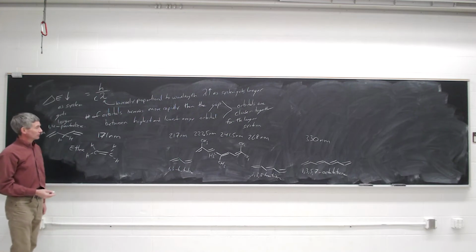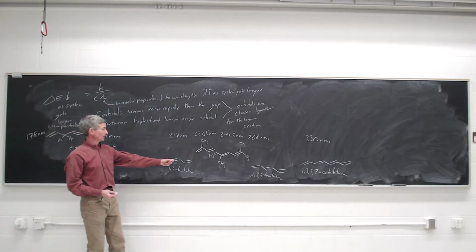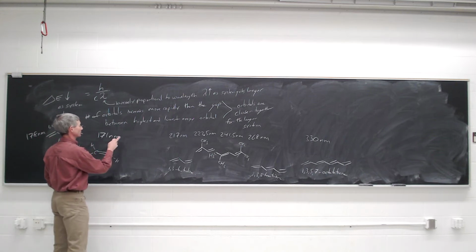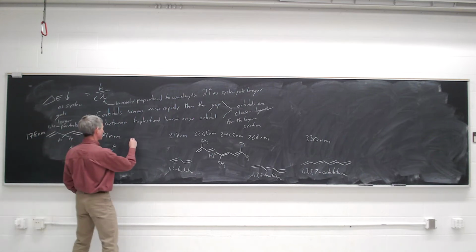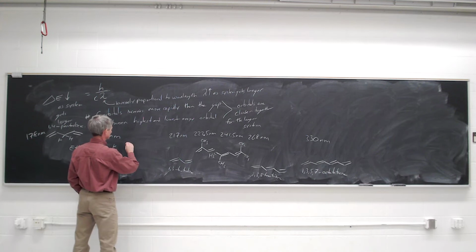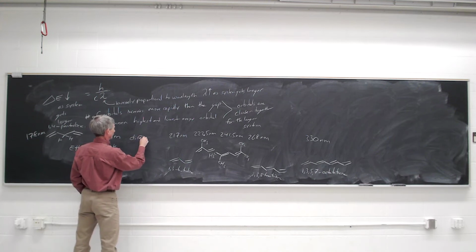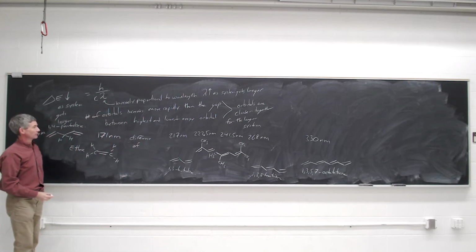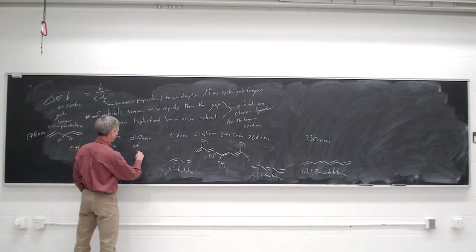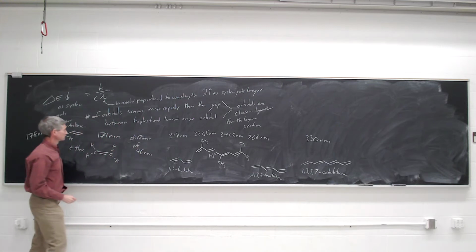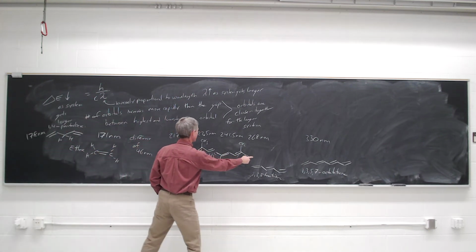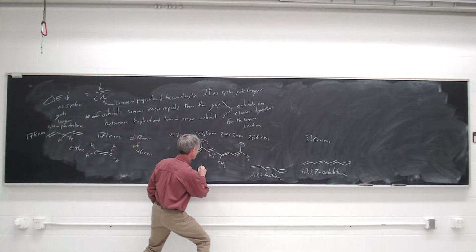So what you'll notice is that extending the conjugation by an additional double bond seems to raise it by somewhere between 40 and 50. In this case, the difference between 171 and 217 is about 46. The difference between 217 and 268 is 51.